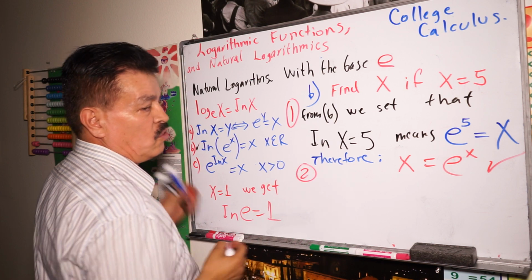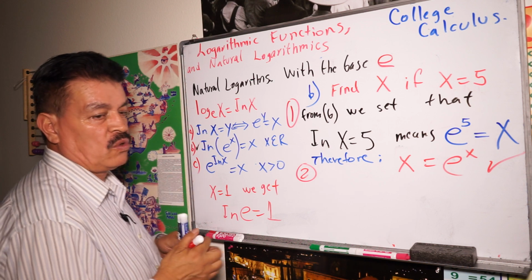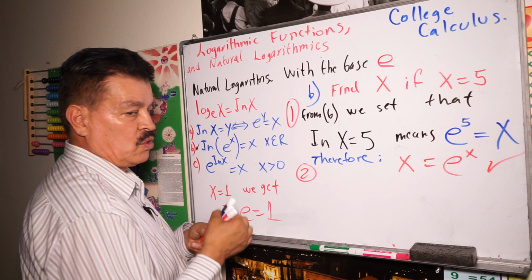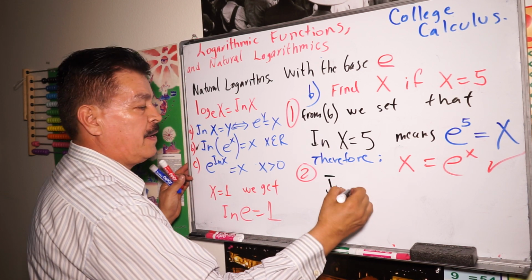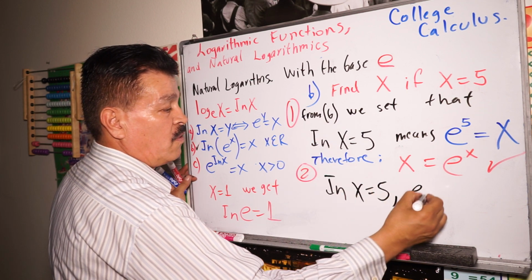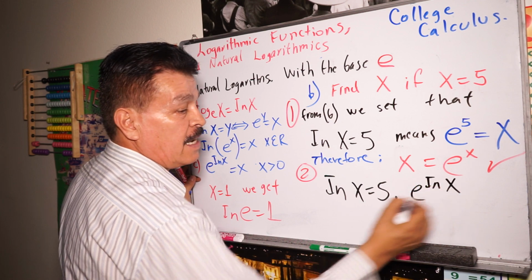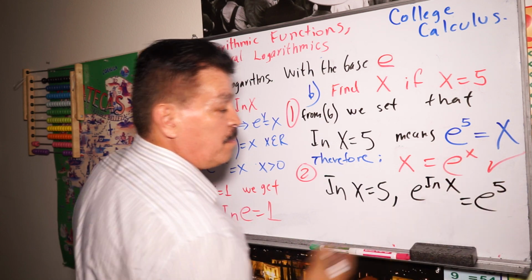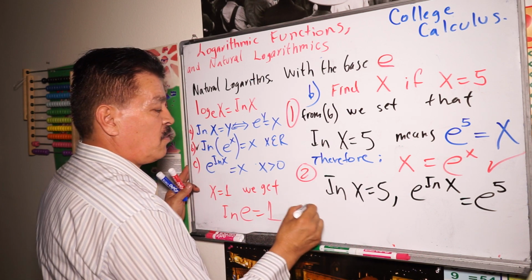Let's do solution number 2, because it's possible to find another solution. Write here, solution number 2: ln x equals 5. This is a second solution. So therefore, x is equals e to the 5th power.